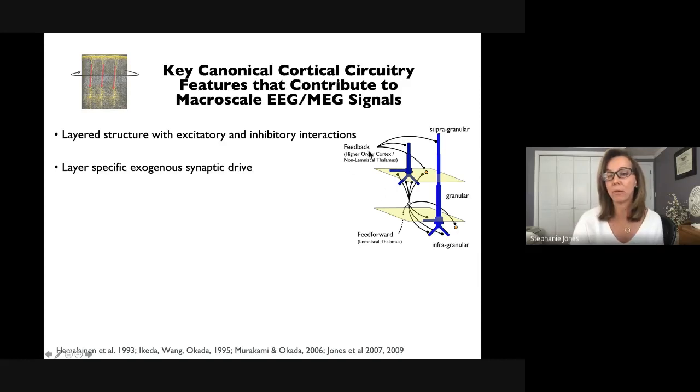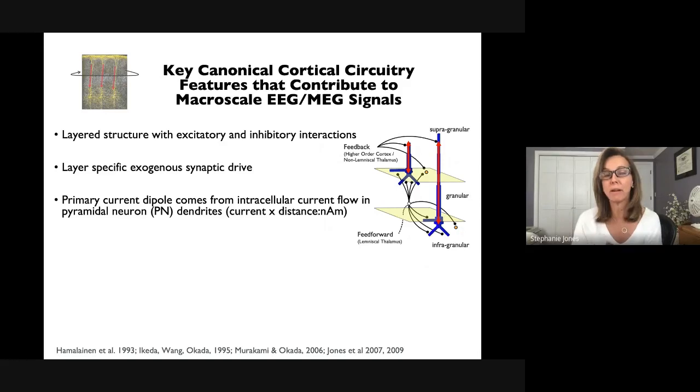The other pathway, often referred to as feedback input, comes right into the supragranular layers. This could come from higher order cortical areas. There are also non-specific or non-lemniscal thalamic nuclei that are known to project right up to the supragranular layers. And so we include these two pathways of drive to this local cortical column structure.